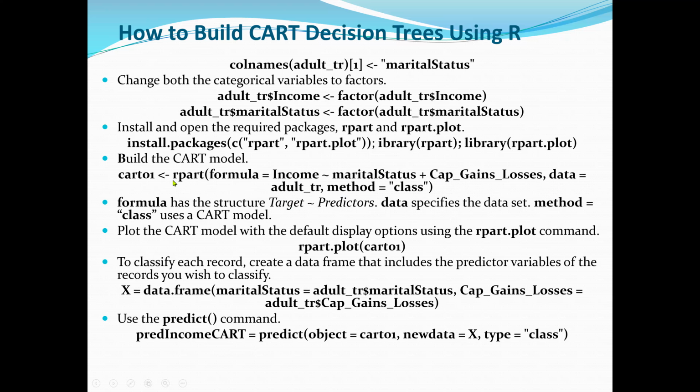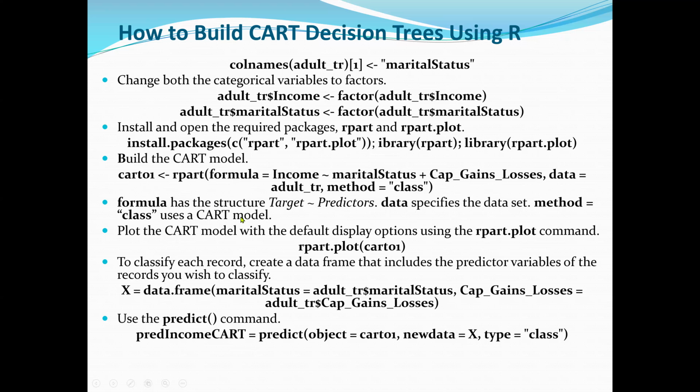The package for building the CART decision tree in R is called rpart. And the main reason why we are using rpart.plot is that it gives you the option to visualize and plot our tree, as we saw in the previous slides.